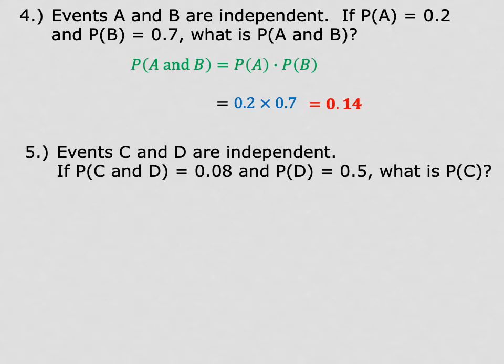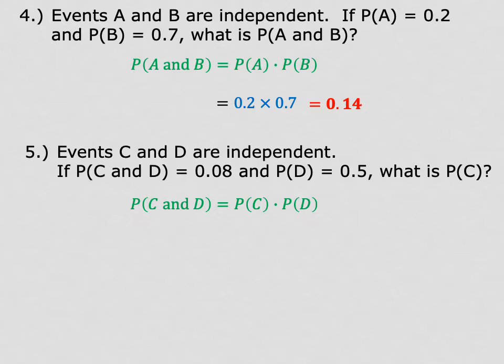On 5, it says events C and D are independent. They're telling you they're independent. It tells you the probability of C and D is 0.8, and the probability of D is 0.5. You want to find the probability of C. Remember, if these events are independent, that means the probability of C and D occurring is the probability of C times the probability of D. So just plug in the pieces you have.